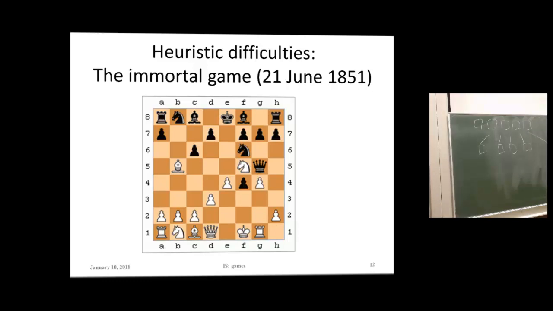So here you see that the pawn eats the knight, but the movement is very strong on the white side.